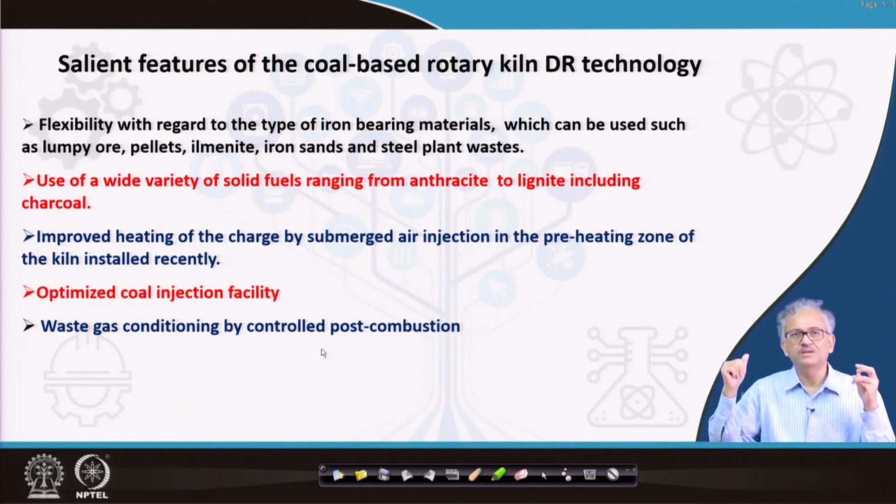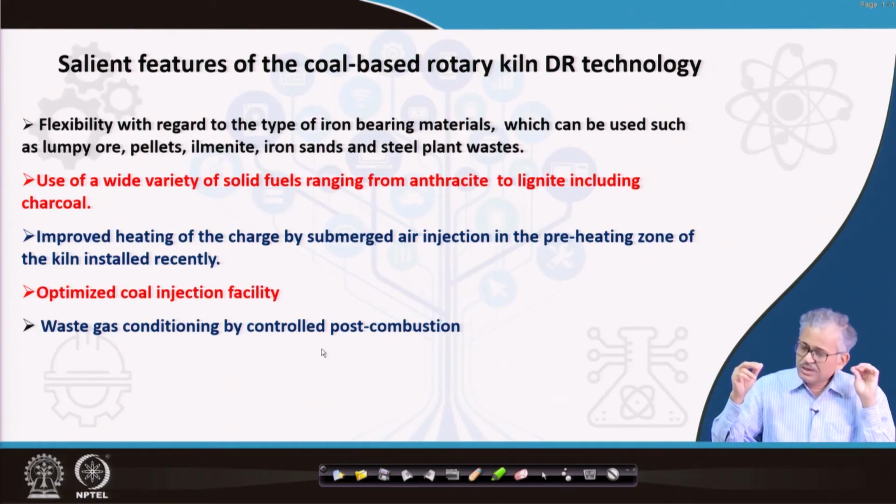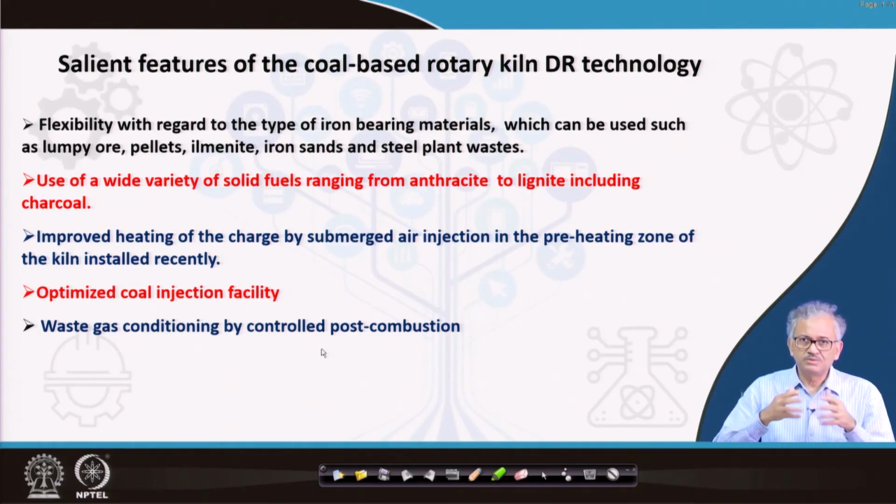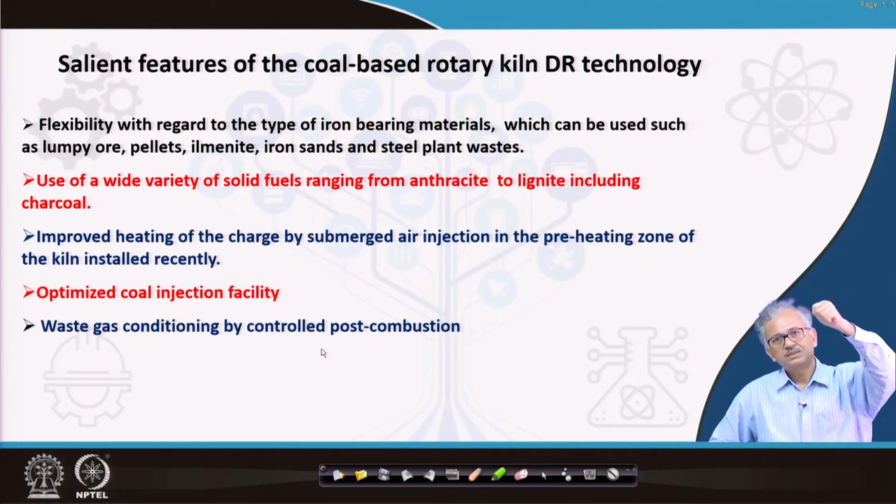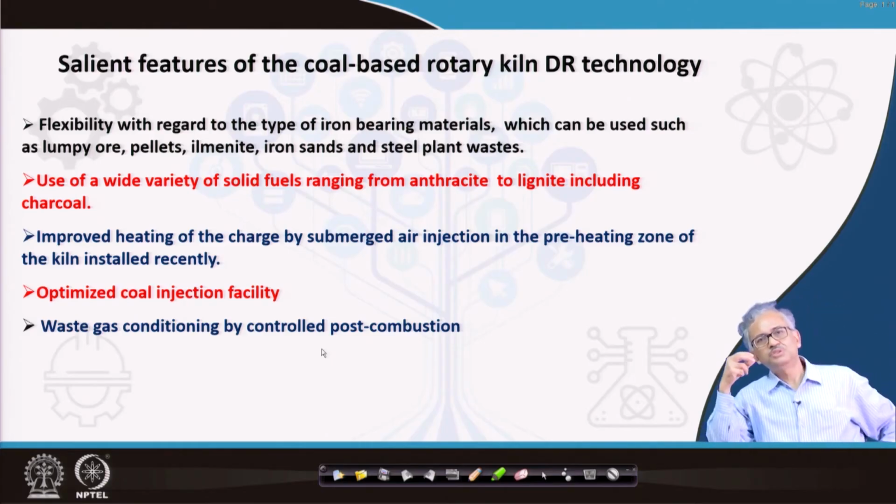This is very important: waste gas conditioning by controlled post combustion. You are doing the post combustion for extra heat generation inside the kiln, such that you can reduce the coal from the feed end. In the burner, you can reduce some amount of coal by using the post combustion, because you are generating some extra heat.